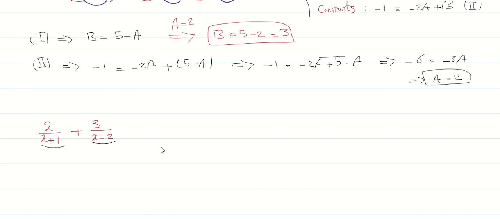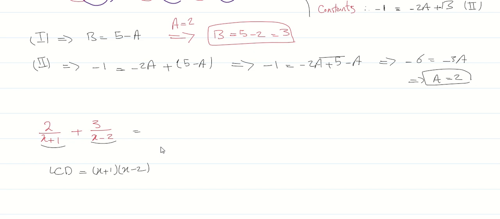In order to add these fractions together, what you should do is you should find the least common denominator first in order to add them up. The least common denominator in here would be equal to x plus 1 times x minus 2. Basically the multiplication of the denominators.